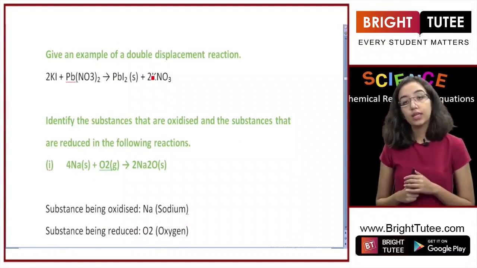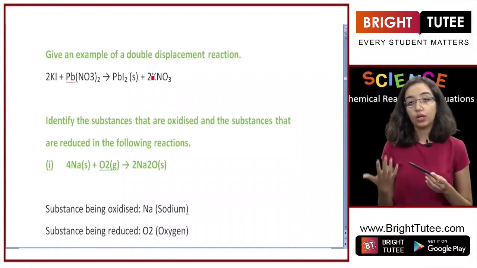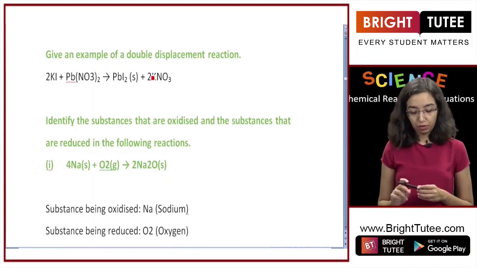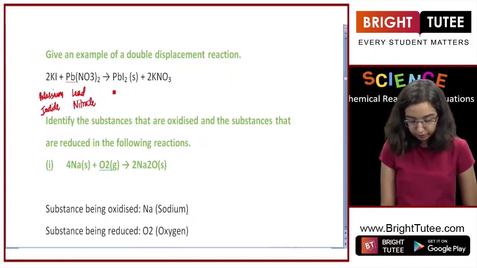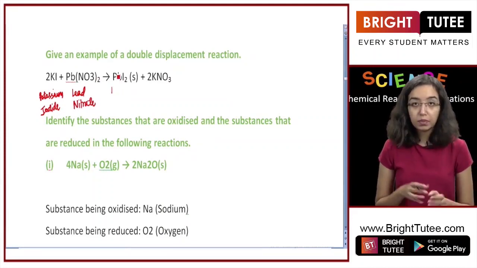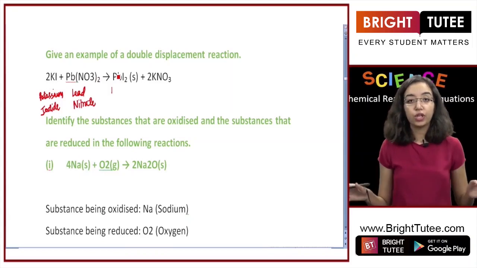Another question is, give an example which is not the one that we did in the activity before. So here we have an example. This is potassium iodide. When it reacts with lead nitrate, it gives rise to, so this is what happens in a double displacement reaction, there is an exchange of ions.